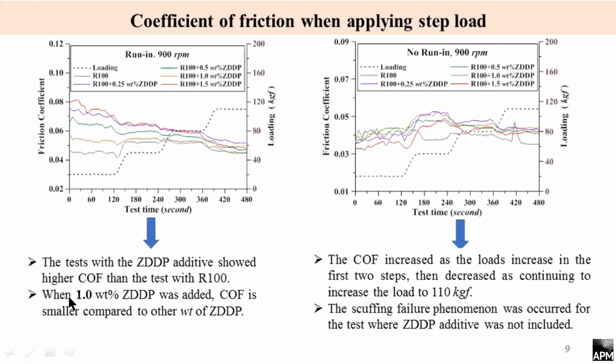And when 1 weight percent of ZDDP was added into the test, the coefficient of friction was smaller compared to the other weight percentages of ZDDP.